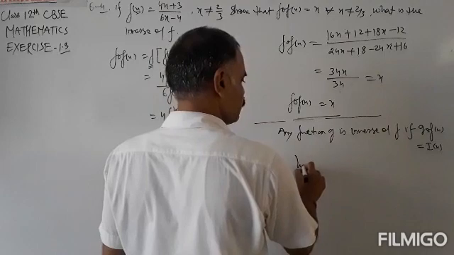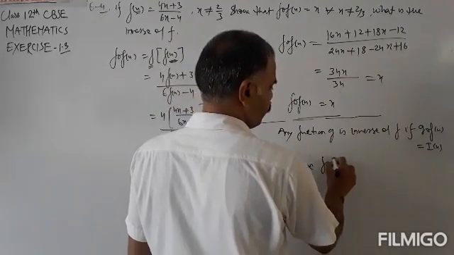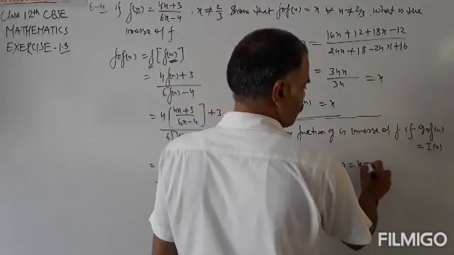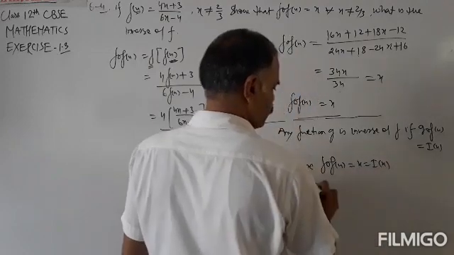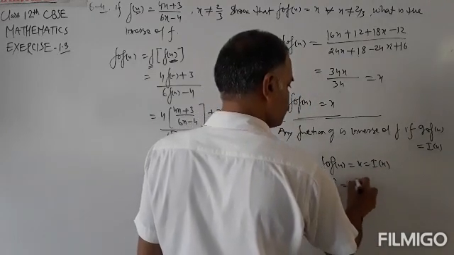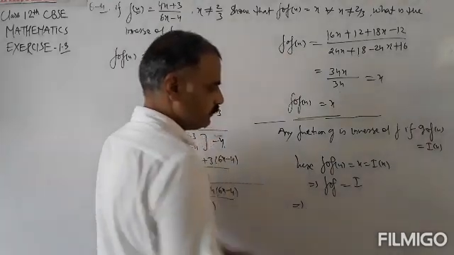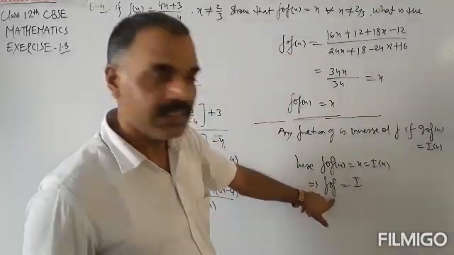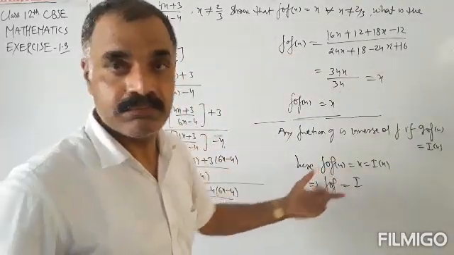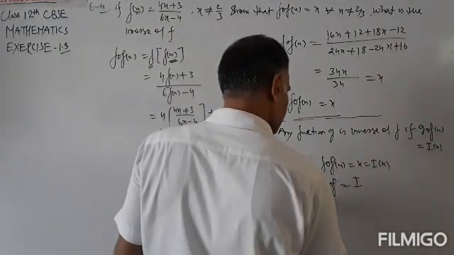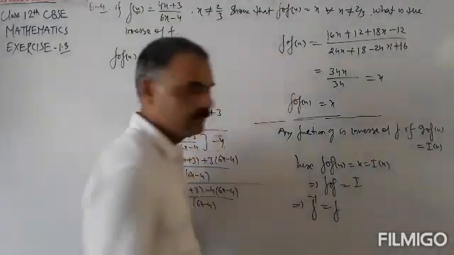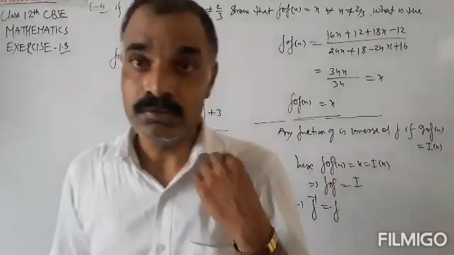Here in this question f of f of x equals x, that is the identity of x. So f of f equals the identity. It means f is the inverse of f. F is the inverse of f implies that the inverse of f equals f.